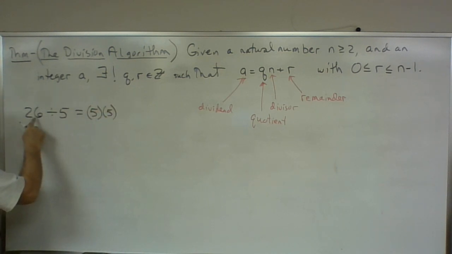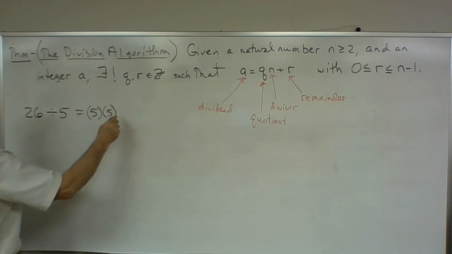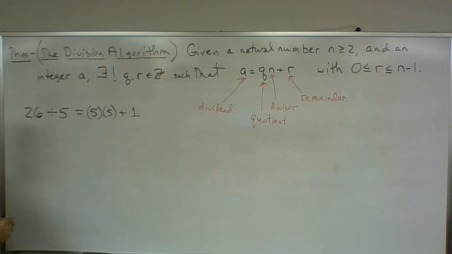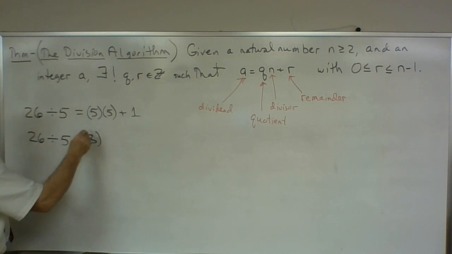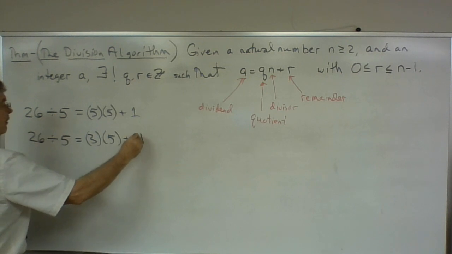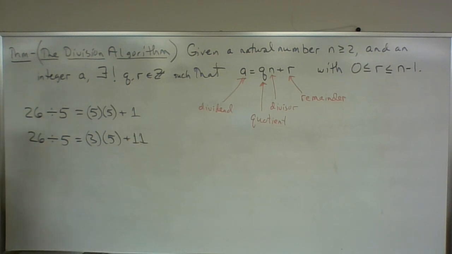We'd be told 5 goes into 26 5 times with a remainder of 1. Now, we were never allowed to do something like this without correction. We would never be allowed to do this. They'd say, oh, no, you can't do that. 5 can go into 26 2 more times.